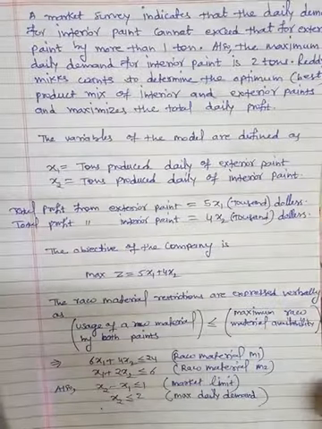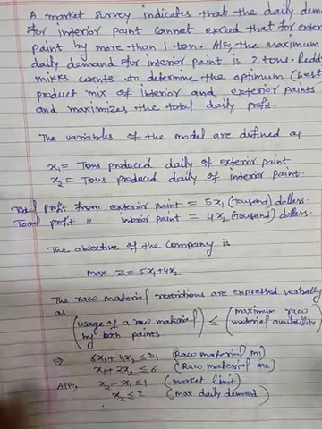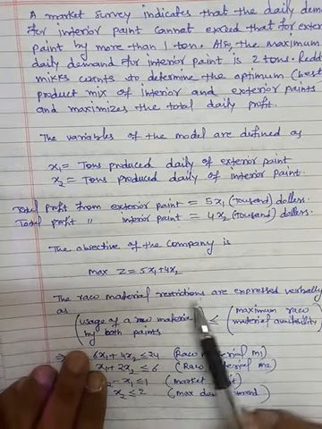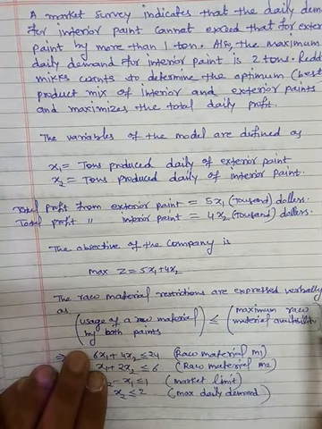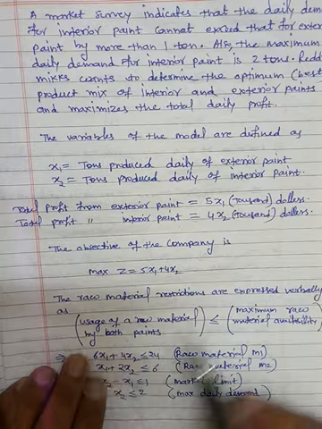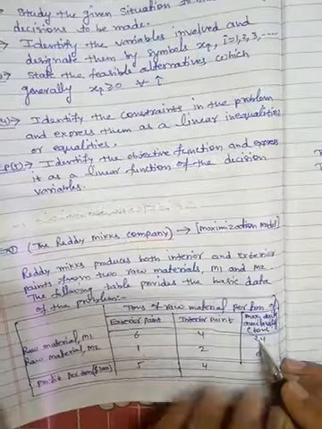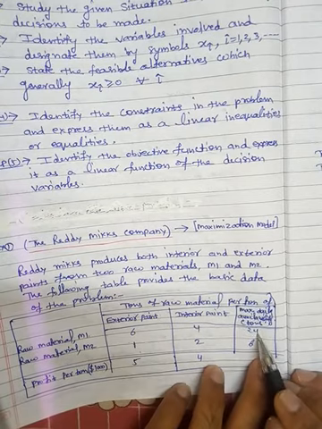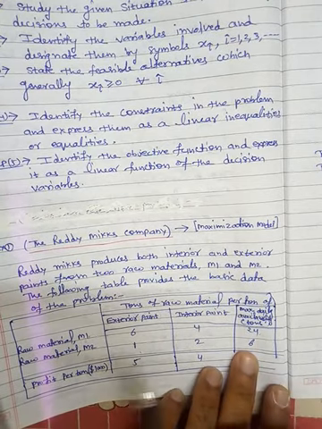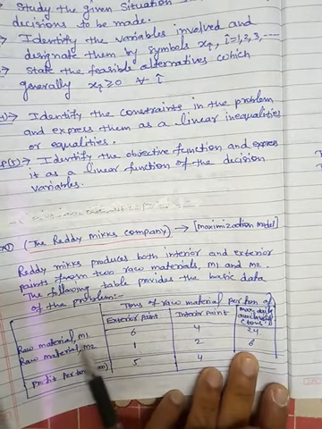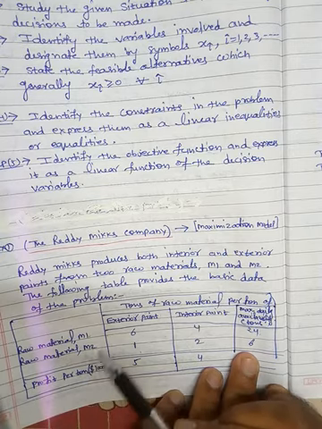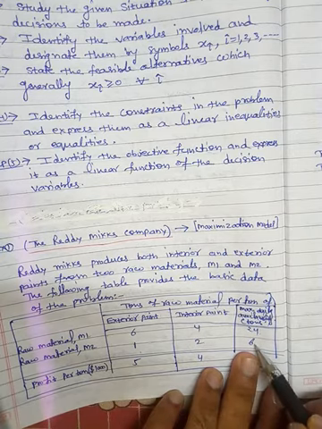Fine. Now the constraints. The raw material restrictions are expressed verbally, because if you see the table, 24 tons will be available for material M1, and M2 material will be available only 6 tons.